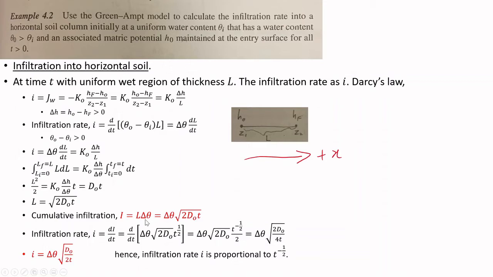Now L can be replaced by this equation, so you have a new equation for cumulative infiltration, which has a unit of meter. We can rewrite it back for infiltration rate I, which we had in the previous slide.